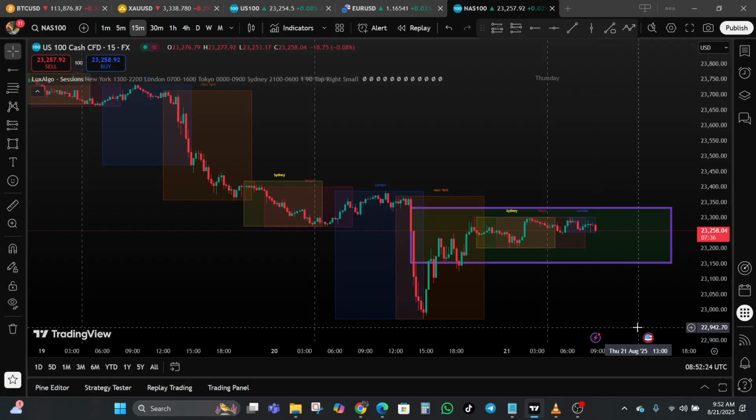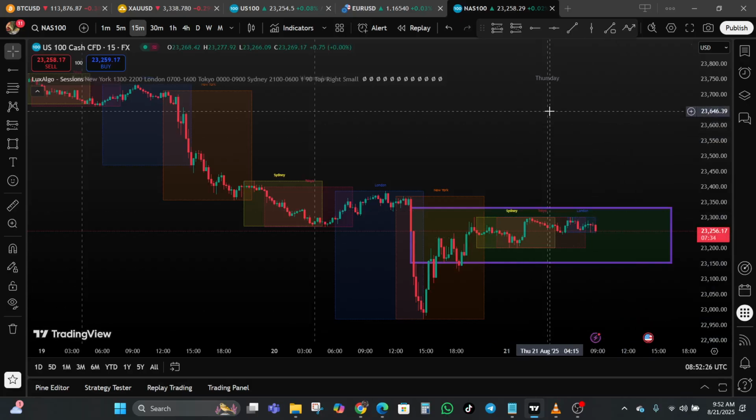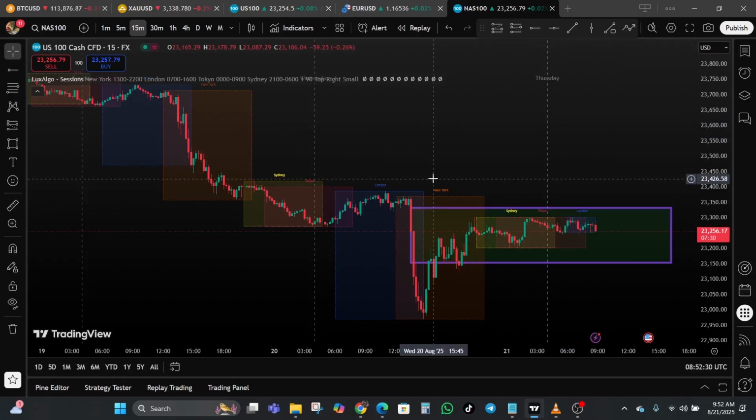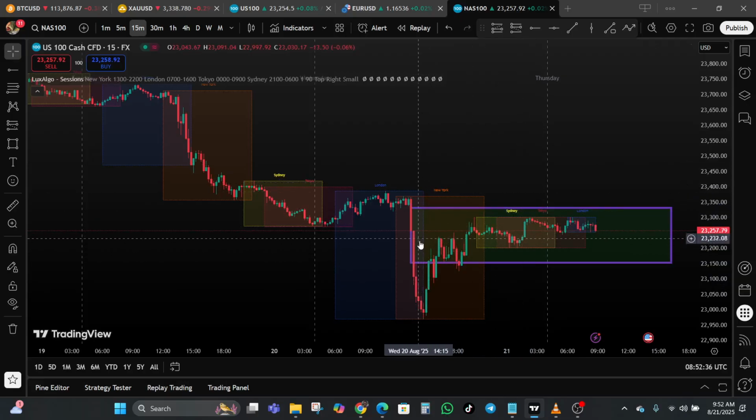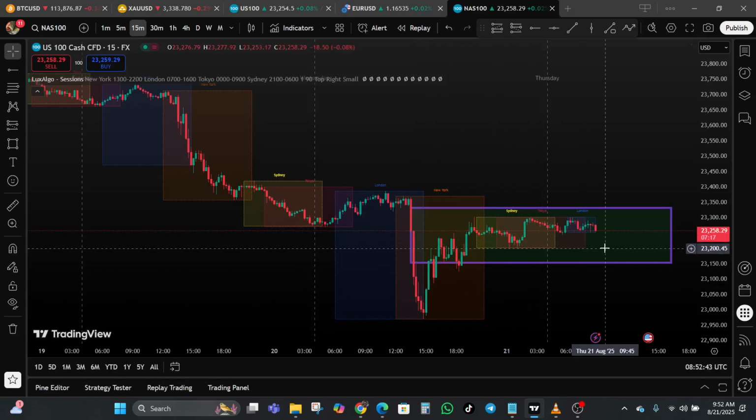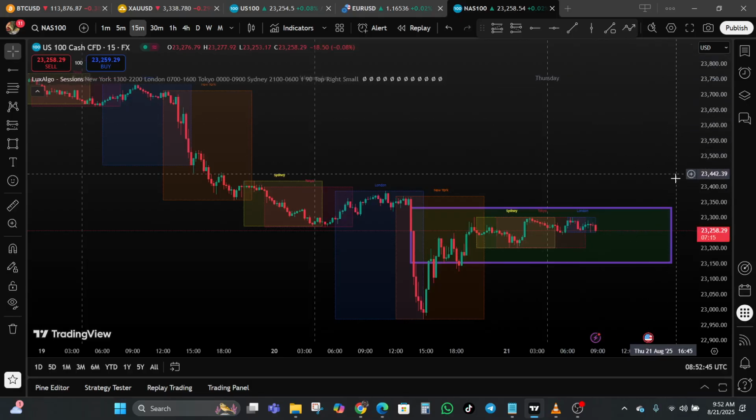That means if you see a strong bullish push on NASDAQ that leaves a clear gap, expect price to return and test that area before continuing in the initial direction.